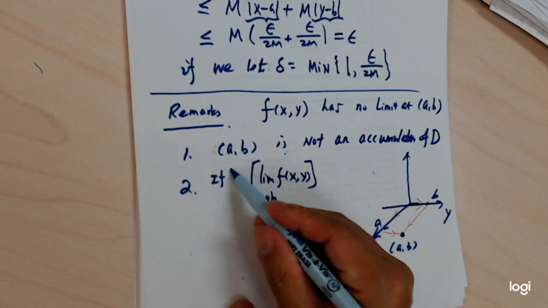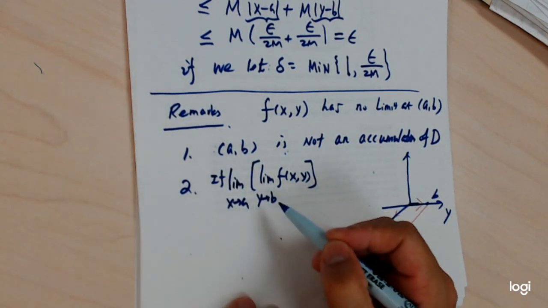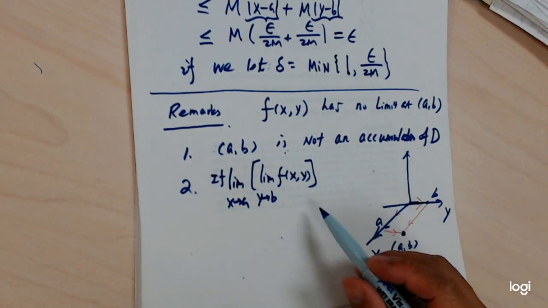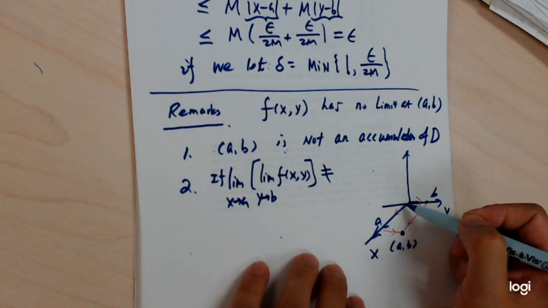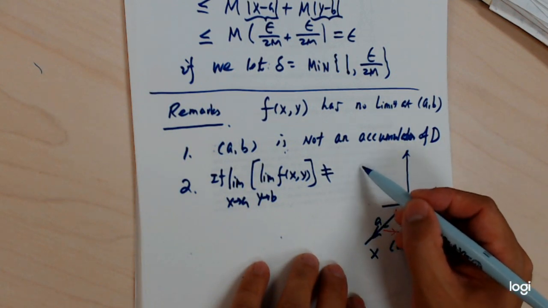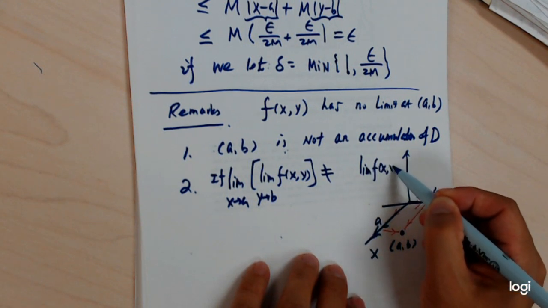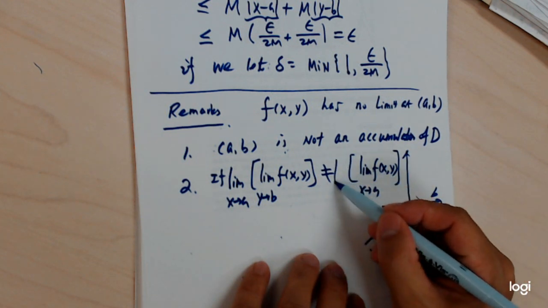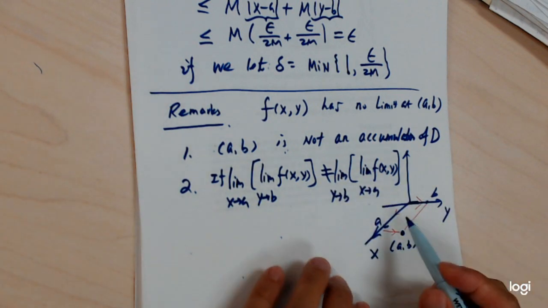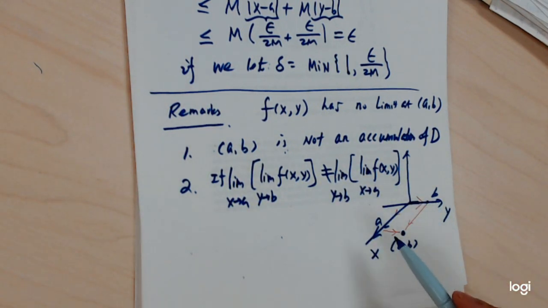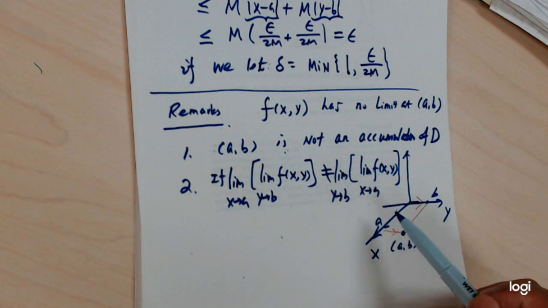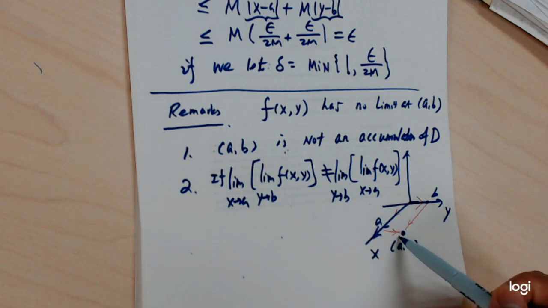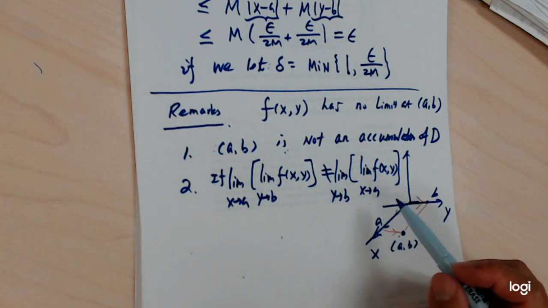You take this and then let X go to A. So here you're letting Y go to B first and then letting X approach A. If this is a different number from the other path, which means you let X go to A first, you actually get a function that has Y in there, and then you let Y go to B. If the limit turns out to be different along different paths, then you can't say this has a limit, because supposedly f(x, y) needs to approach a fixed number no matter how x and y approach (a, b). So that's an important result.